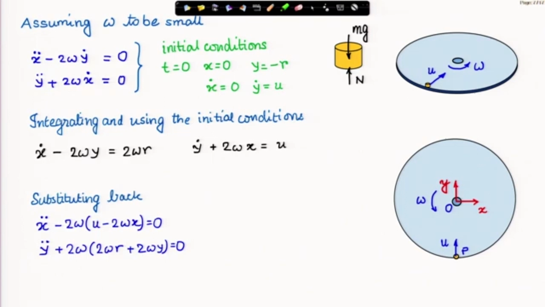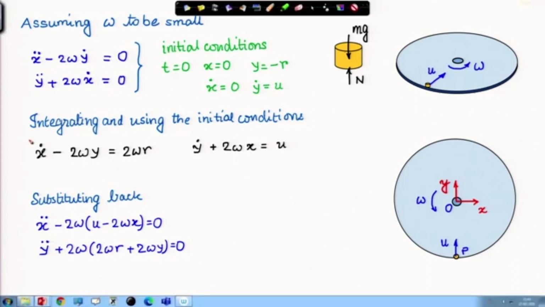Now, I substitute back these expressions of x dot and y dot in these equations. If you substitute back, then you will get these two equations. Again I will drop omega square.